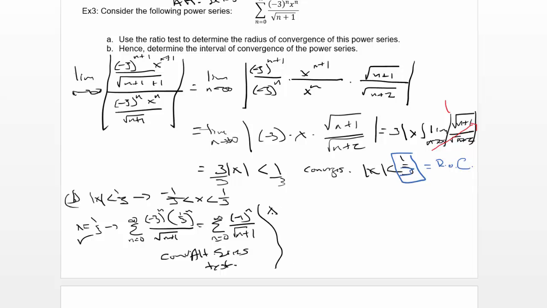Similarly, when x is -1/3, we have (-3 times -1/3)^n over root n plus 1, and -3 times -1/3 is 1.